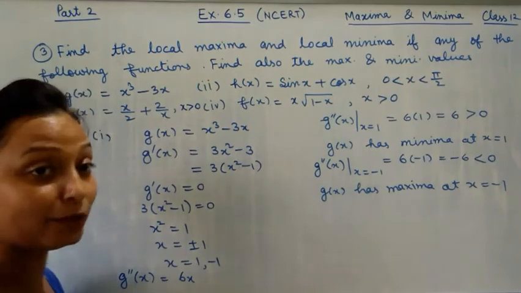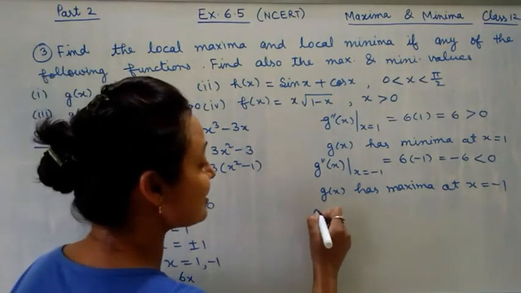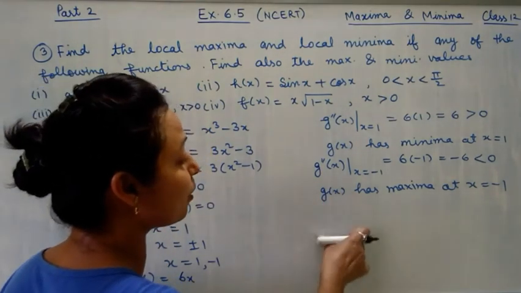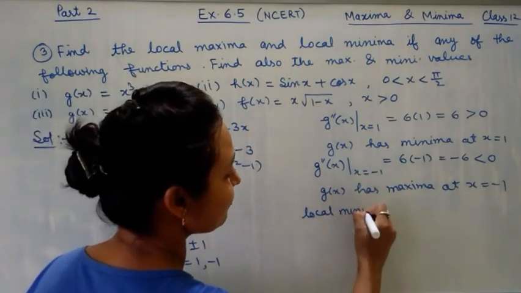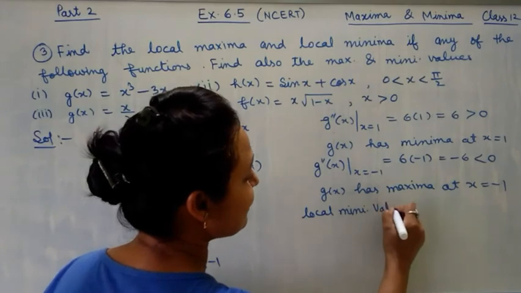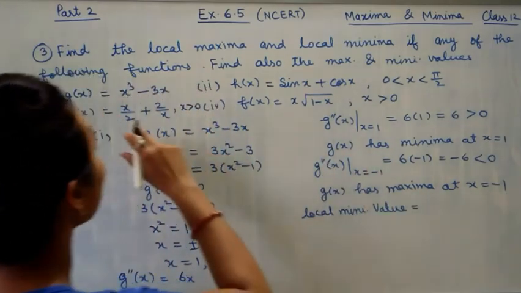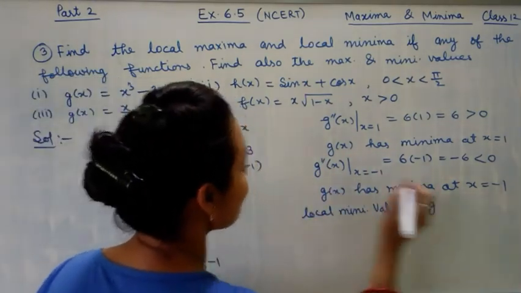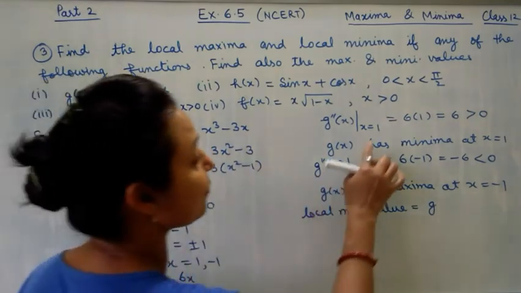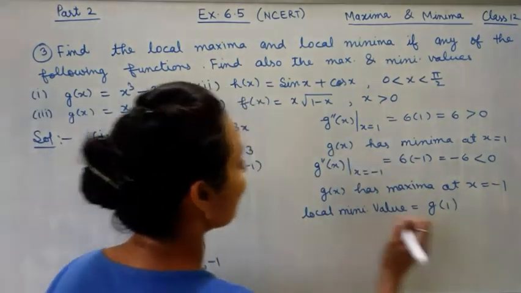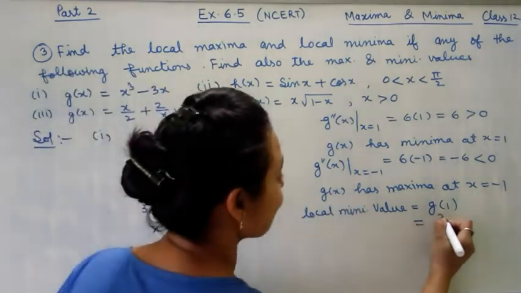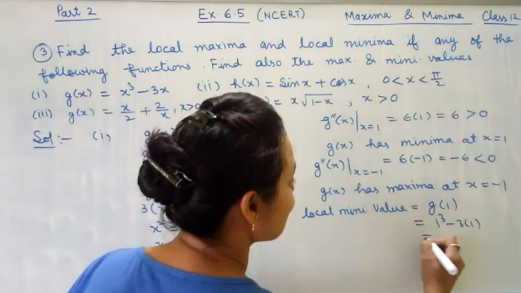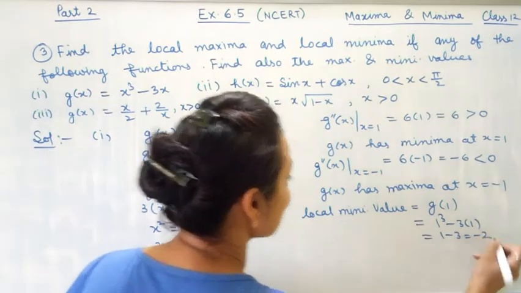Now come to the values. First, the local minimum value is g(1). The function is given as g and the x value is 1. So I will put the value here: 1³ - 3 × 1, that is 1 - 3, that is -2.